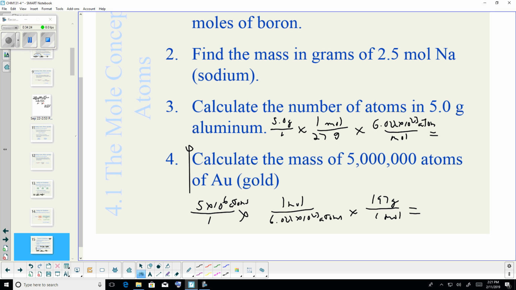You forgot to put it in parentheses, didn't you, when you did division here. Oh, what did I say? I said 3 something, didn't I? Okay. Where's the 18? Oh, I did it a different way before. If we do 5 million divided by 6.022 exponent 23rd, then you get 8.3 times 10 to the minus 18th.